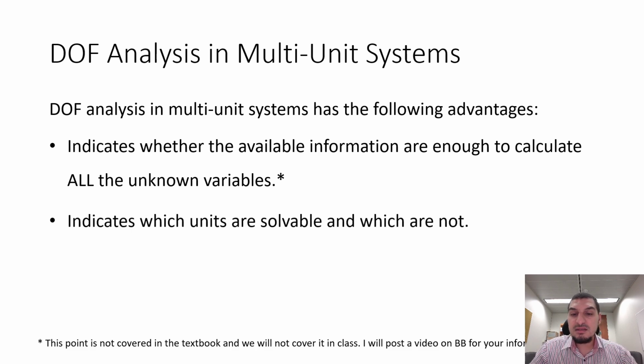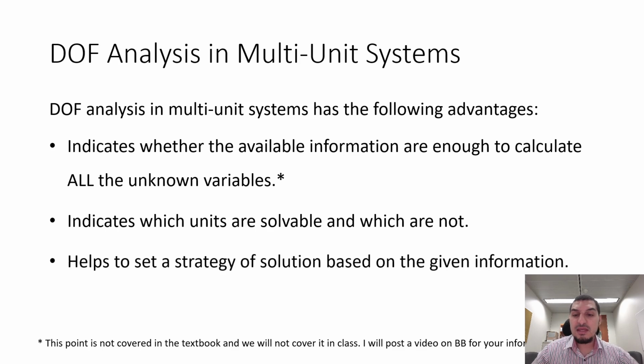The second is that it tells us which units are solvable with the given information and which are not, which is very expected. The third point, which is the most important point in my opinion, is that you can use the degrees of freedom analysis for the process to put a strategy of solution based on the information that we have.